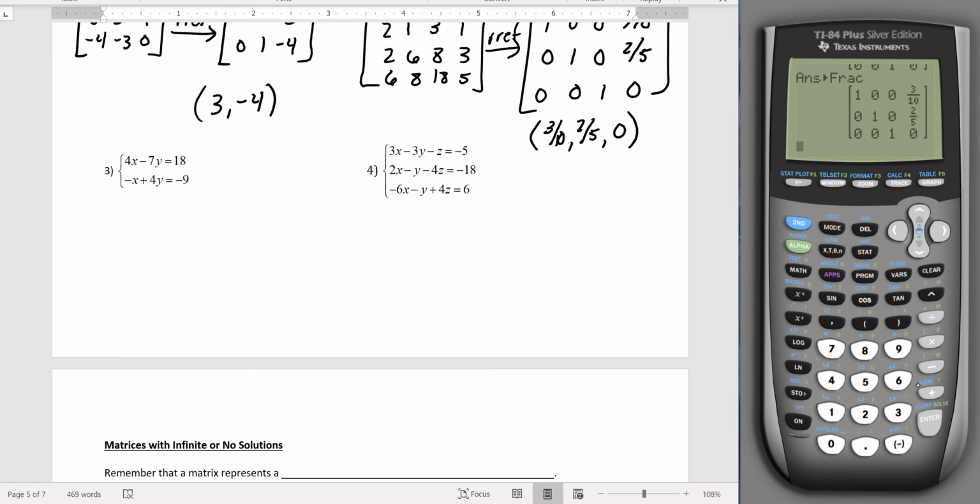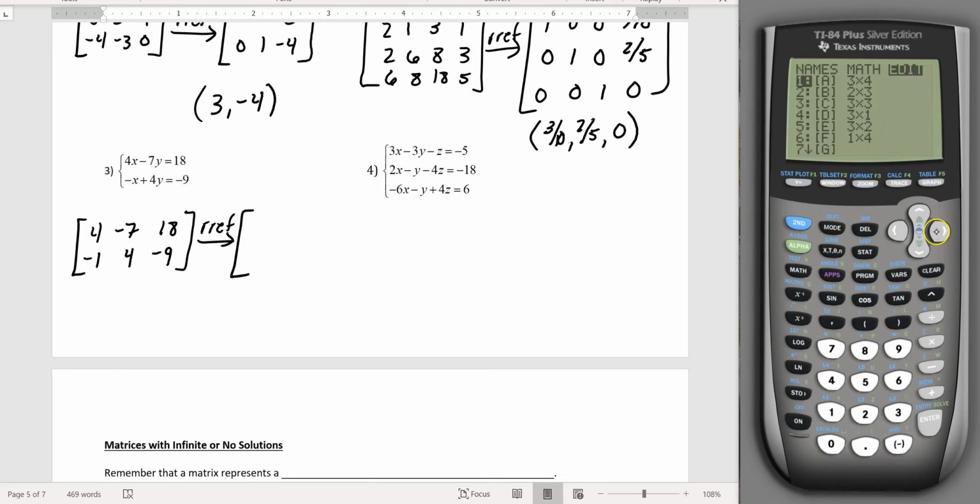So looking at 3, I'm going to start by writing the augmented matrix. So 4, -7, 18, -1, 4, -9, RREF. So second matrix, go over to edit this 2 by 3: 4, -7, 18, -1, 4, -9.